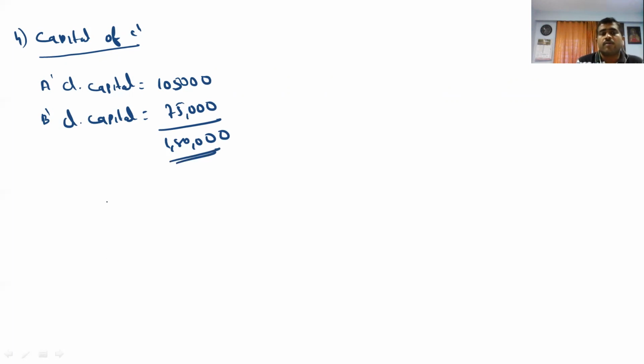Now, the topic is share and capital. So what is the share of C? 1/4. We have to find the capital. And for 3/4 share, the remaining part, it is 1,80,000. So how to calculate? The 4 will get cancelled.